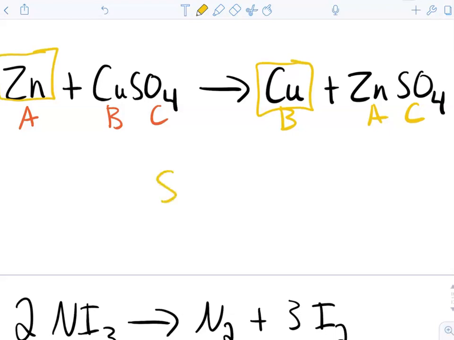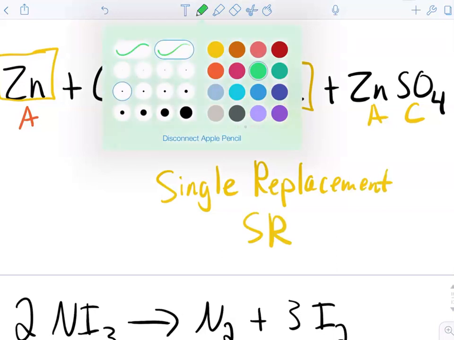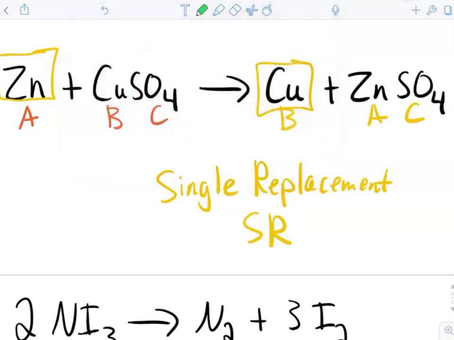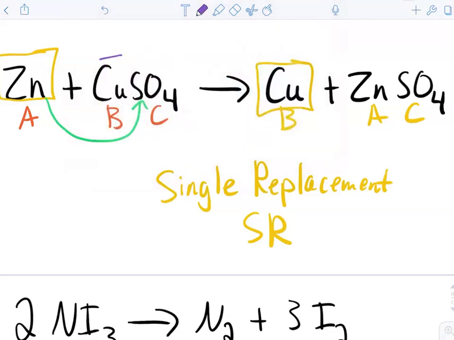So this is going to be a single replacement, or an SR. And I can also think of this with the arrows, as in the zinc is coming over here with the SO4, and then the copper gets kicked out by itself. Okay, either way that you want to look at it.